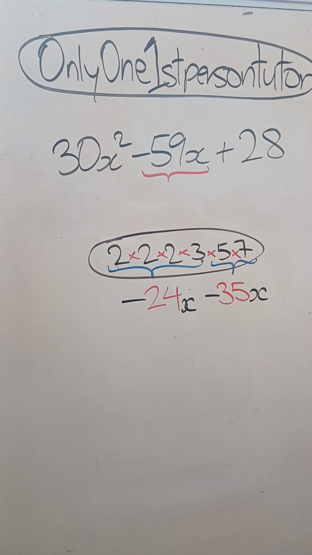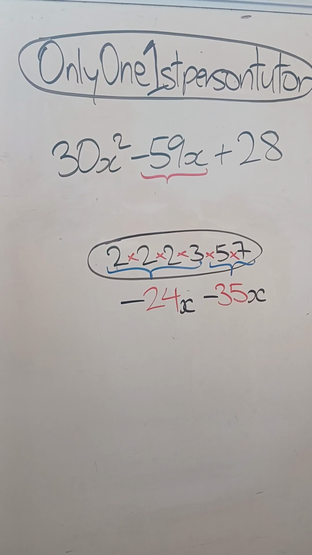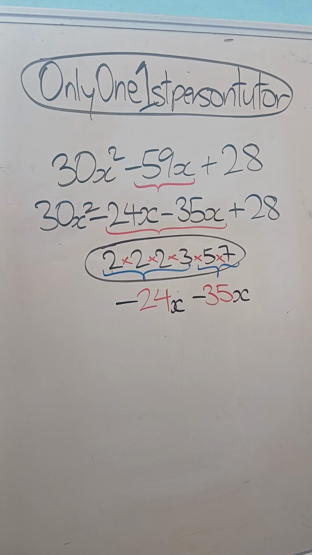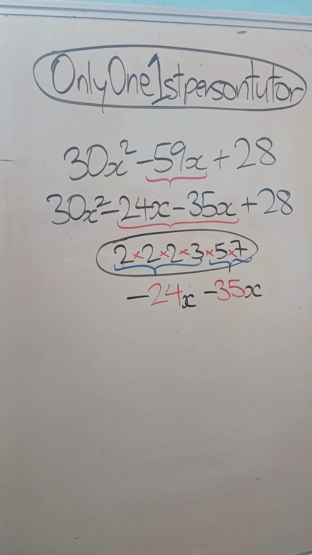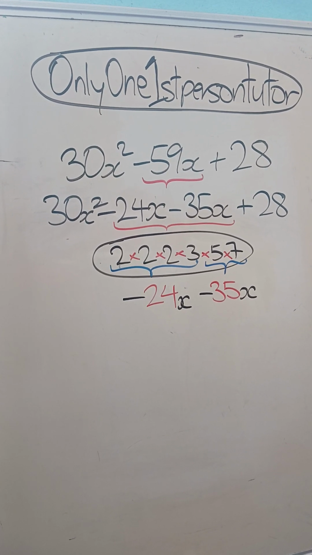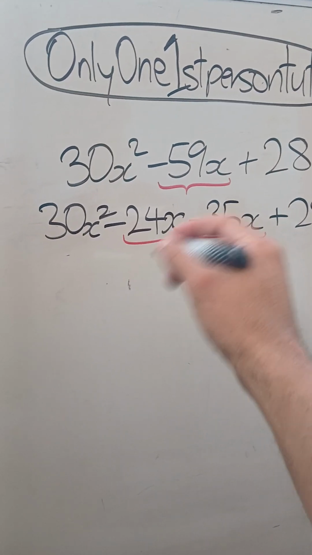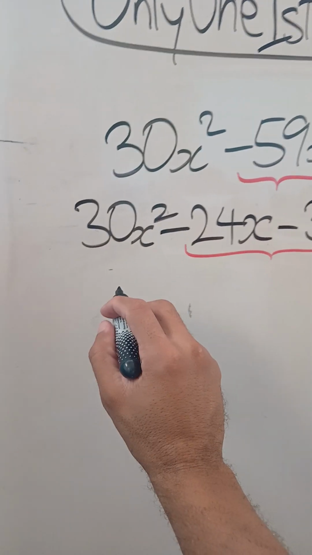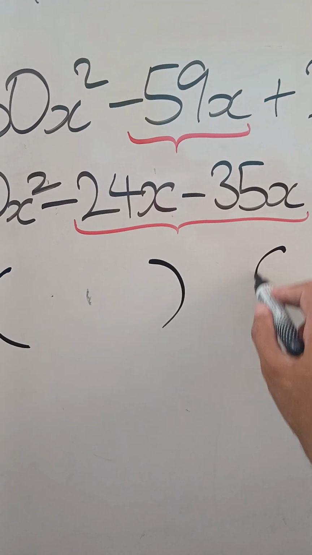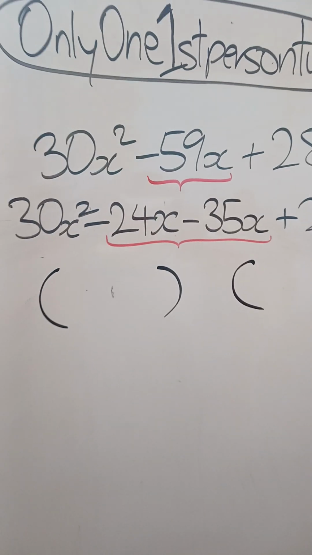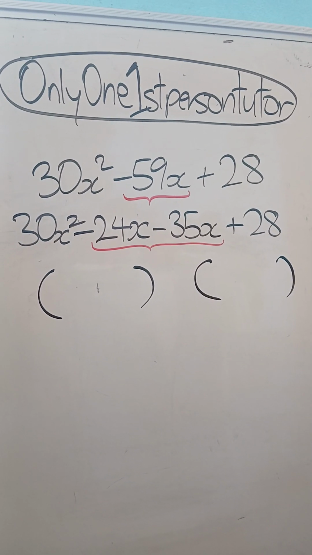So why don't we replace the minus 59x with the minus 24x and the minus 35x? All right, let me get rid of the distraction. Okay, here we are. So let's put our bracket there and our bracket there.